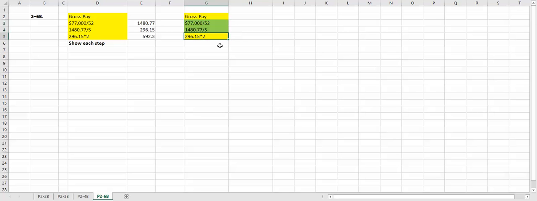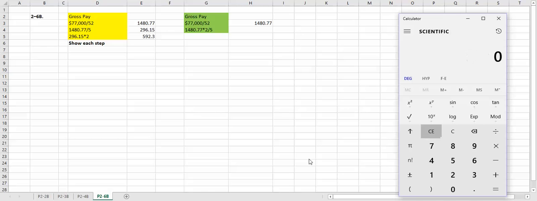So I'm going to change it to green so you can see that it is a different method. So instead of taking the $1,480.77 divided by 5, you'll multiply it by 2/5, because that's going to show that he's worked 2 out of the 5 days. So it is just one less step.